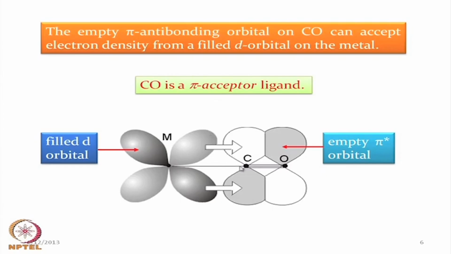Now we will see how this interaction can have some direct effect on the crystal field strength or the ligand field strength of this particular ligand. That is why we are placing this carbon monoxide molecule towards the right end of the spectrochemical series, where we consider it a very strong ligand compared to the other known ligands.